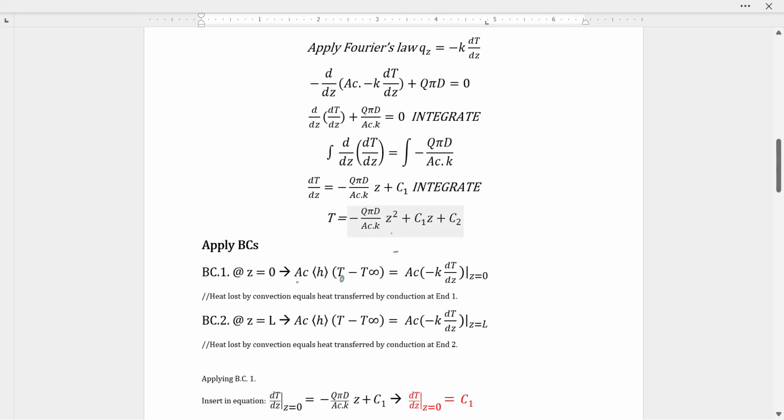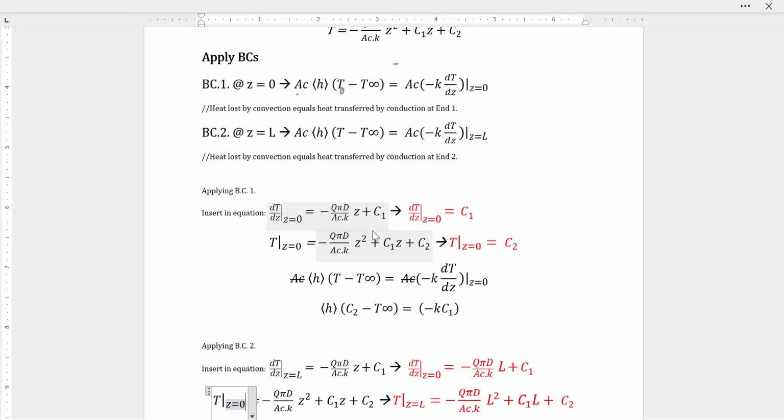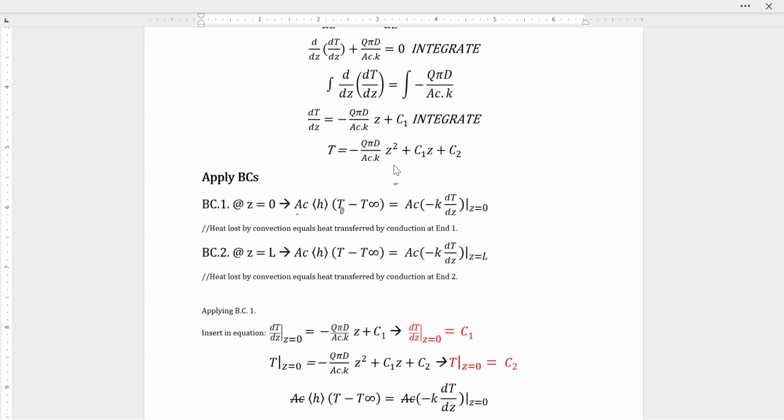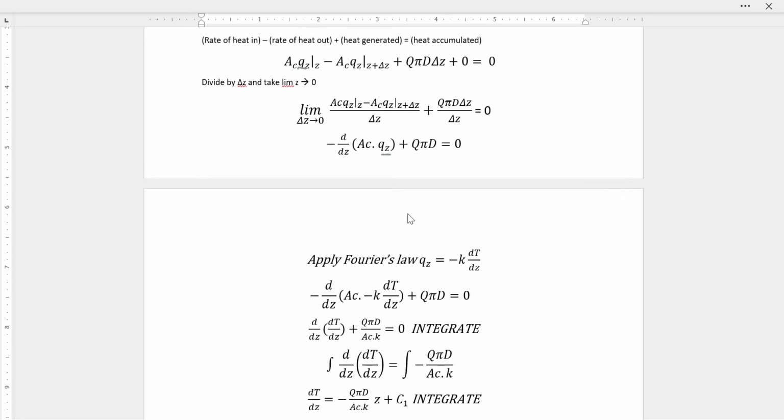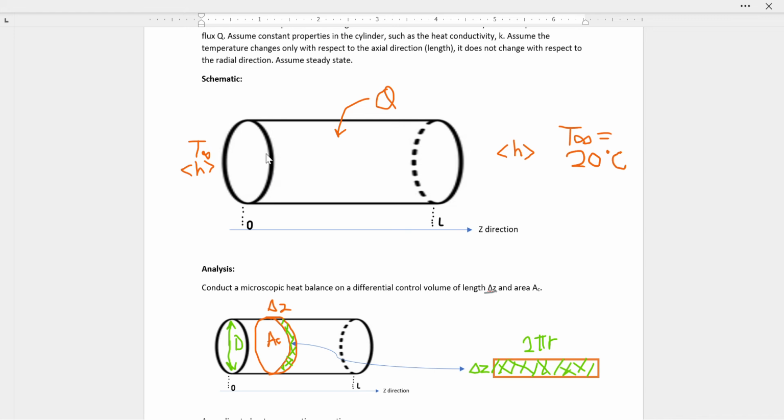Now this is my final equation, but unfortunately it has two constants, c1 and c2, and we need to evaluate them. I'm going to use my boundary conditions to evaluate these two constants. Let me go back and see what I have for my boundary conditions. I have my two end faces at z equals 0 and at z equals L, and over here we have air at the ambient temperature of 20 degrees Celsius, and then the heat transfer coefficient.